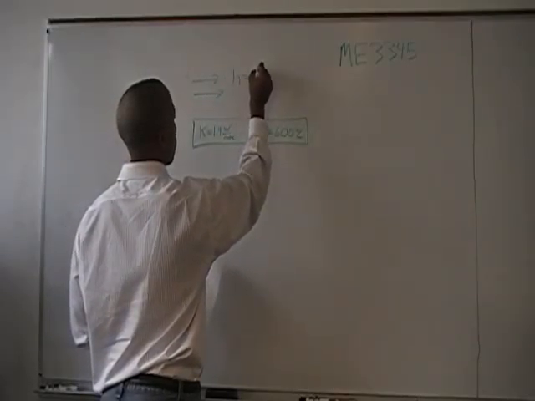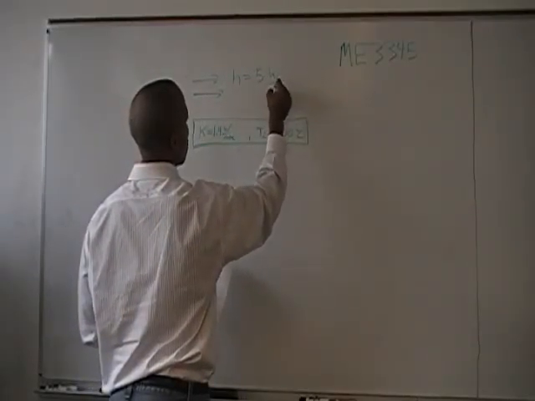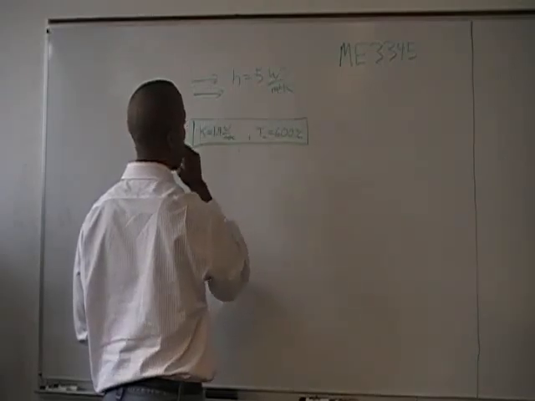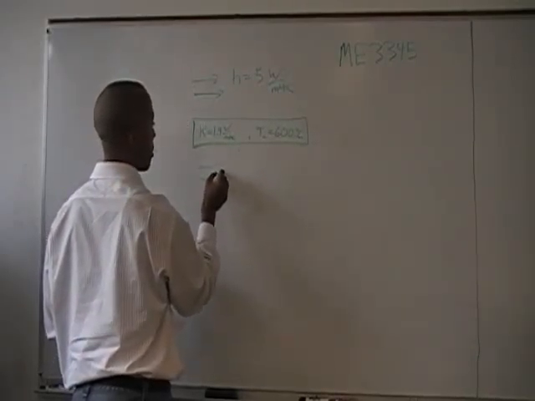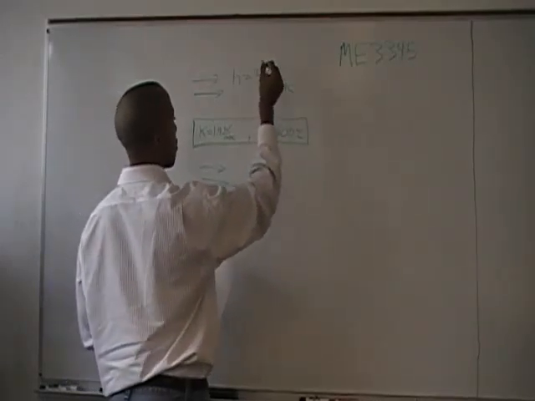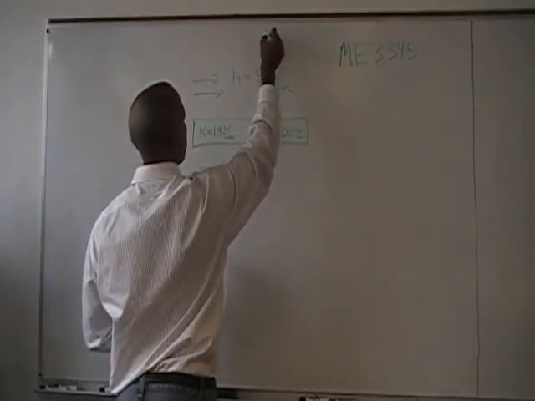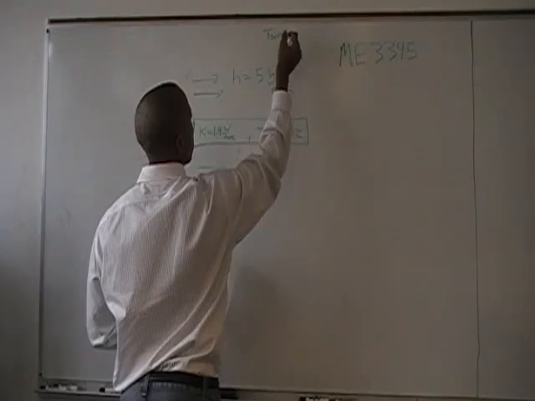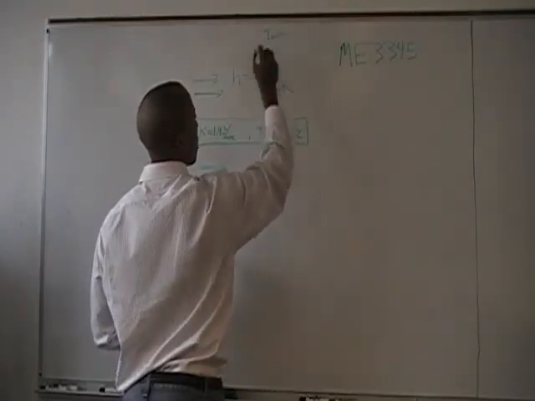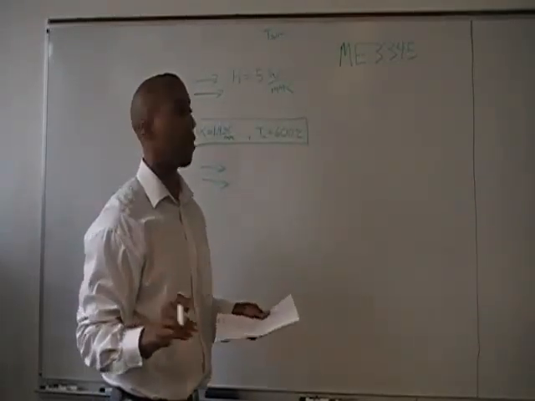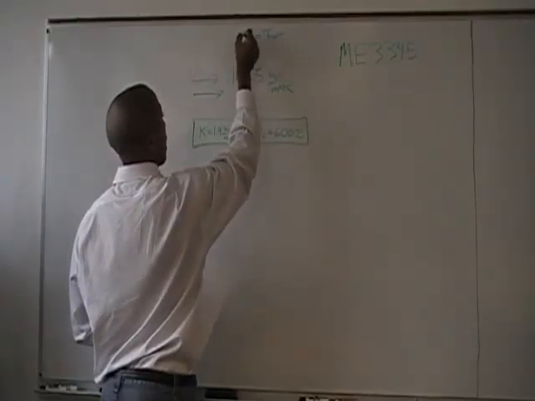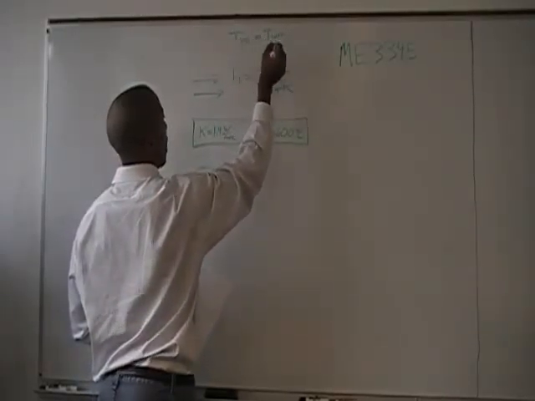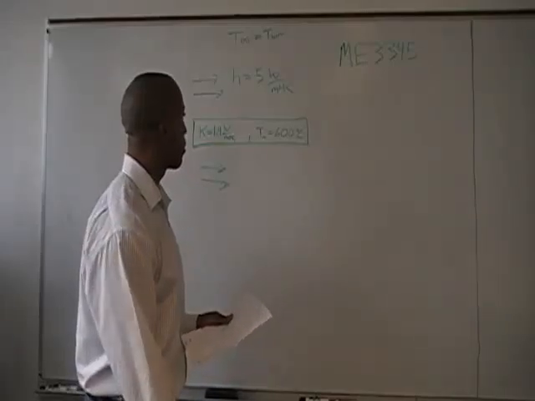We're given the heat transfer coefficient of 5 watts per meter squared Kelvin, and this is happening on both sides of the plate. And we also have surroundings that have a given temperature, and for this problem we're going to assume that the surrounding temperature is the same as the temperature of the air. So these are both equal.